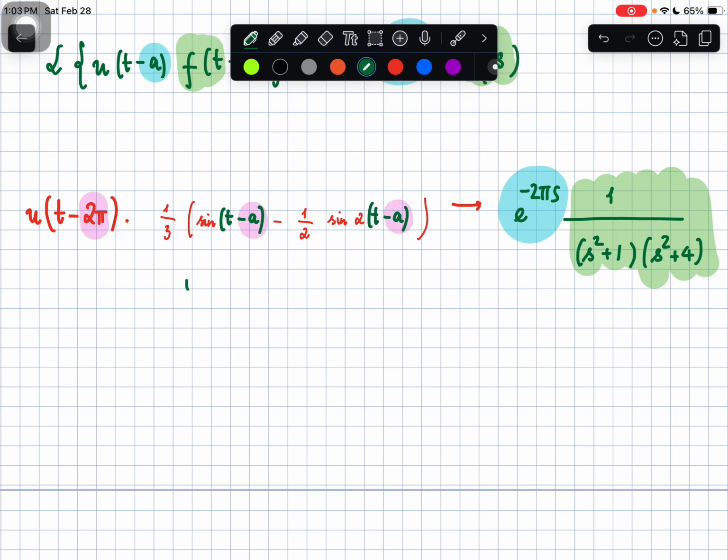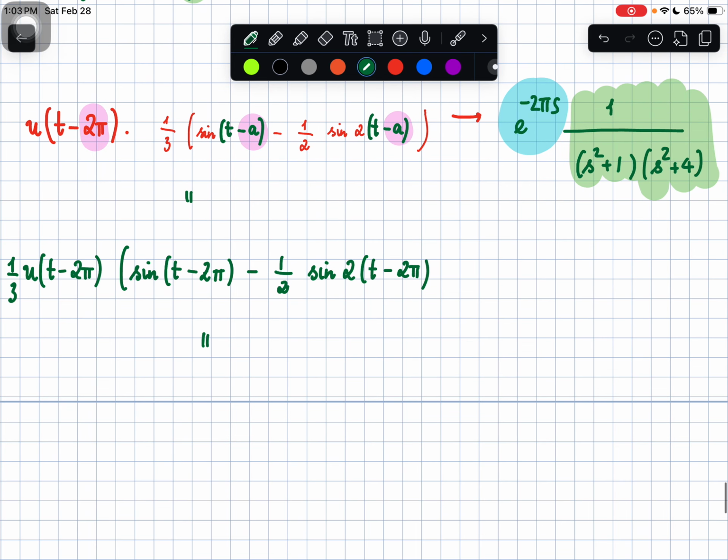So we can write it as u(t minus 2 pi) times 1/3 sine(t minus 2 pi) minus 1/2 sine(2t minus 2 pi).